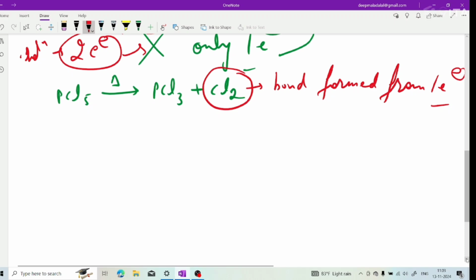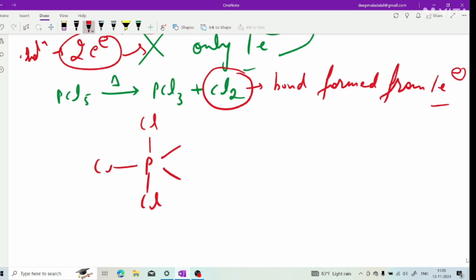Let's draw the structure of PCl5. You know the geometry of PCl5 is TBP, the coordination number is 5, and the geometry is TBP.